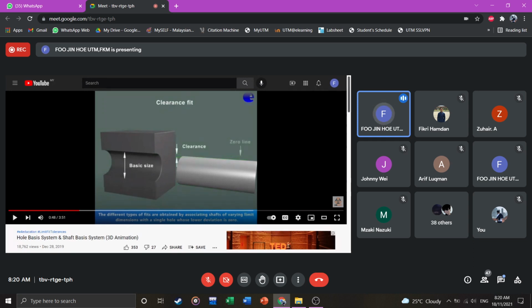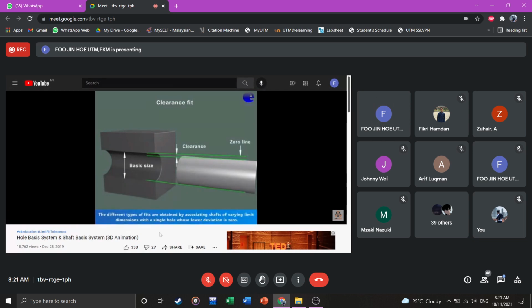For some applications we need clearance only, so we can't let the hole and shaft have numbers created randomly. So we fix one of them and strictly control the other, to make sure it is always clearance, always interference, or always transition.